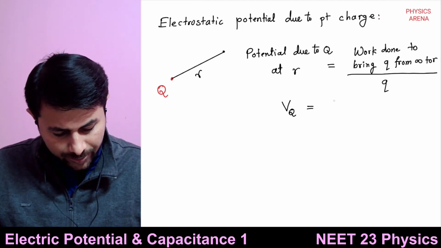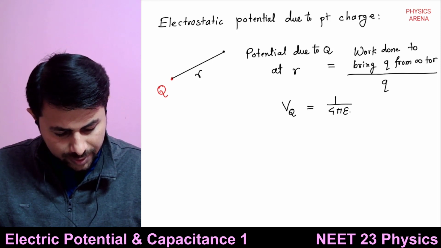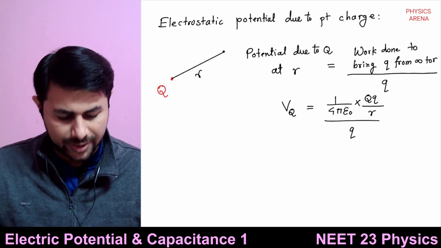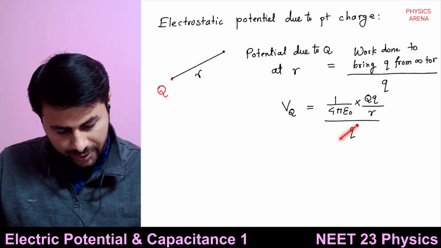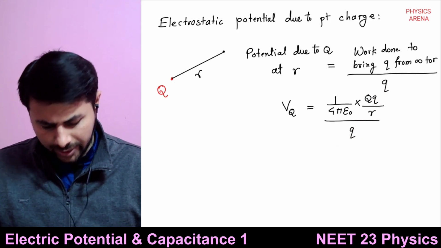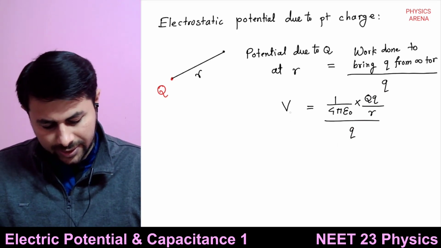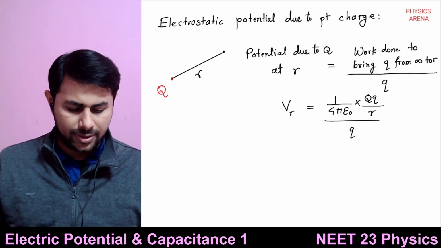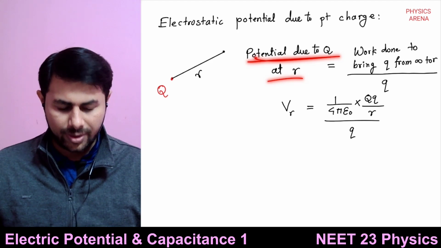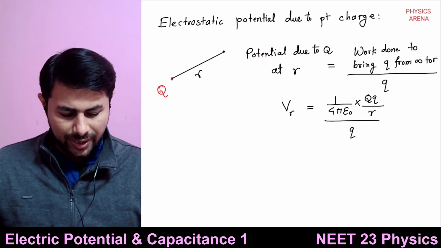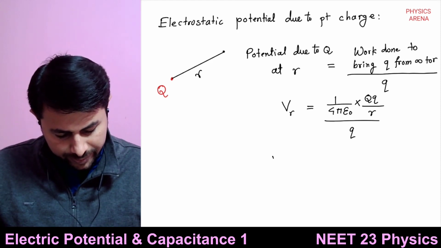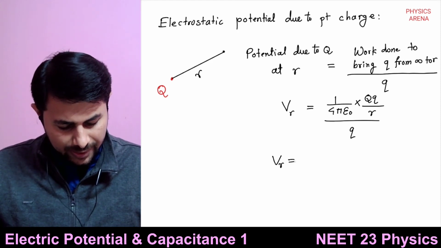So it is 1 upon 4 pi epsilon naught q times small q divided by r, and divided by this charge small q. So this q and q get cancelled. So we get potential, I will just call it V at distance r. Okay, it is V due to capital Q. I have written it in the form of a sentence, and I will denote it as V at distance r. So V at distance r is equal to what?